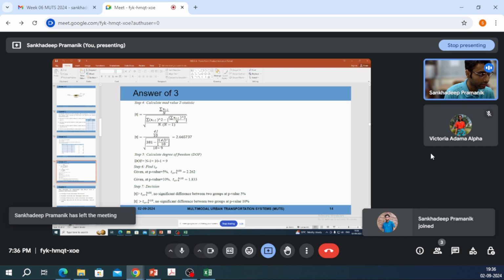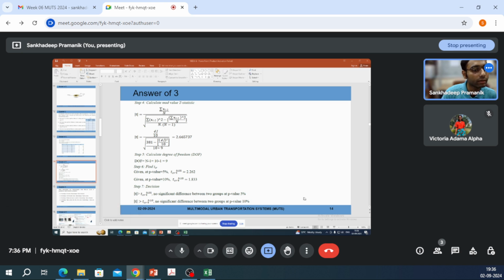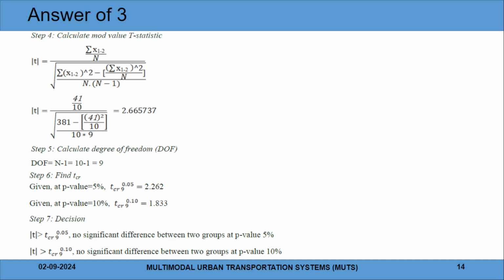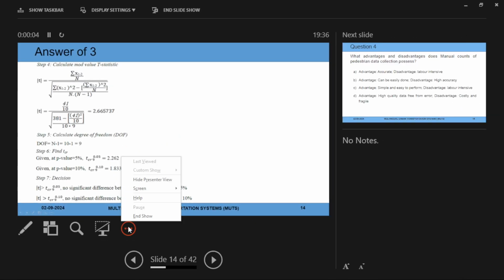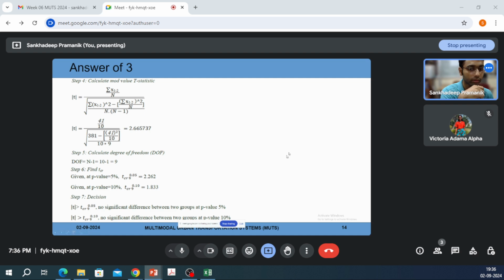Can you join again? Like I think it is visible from my side, but maybe some due to some issues it is not showing. You can just rejoin, then it might be helpful.